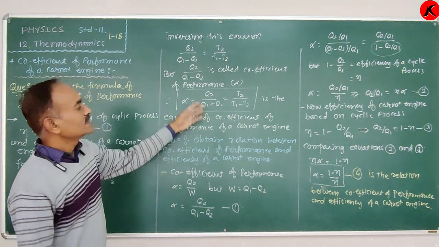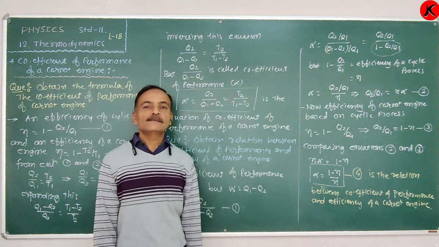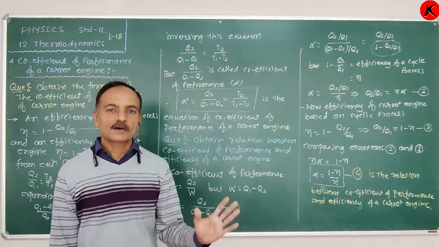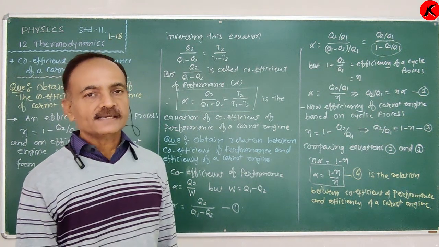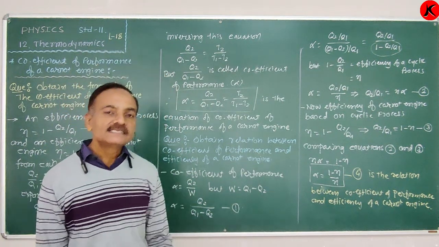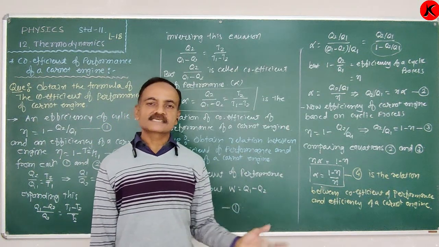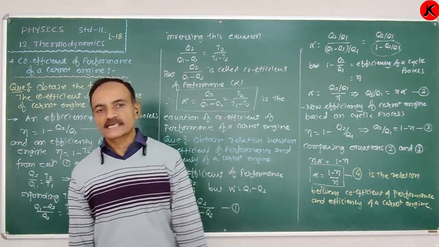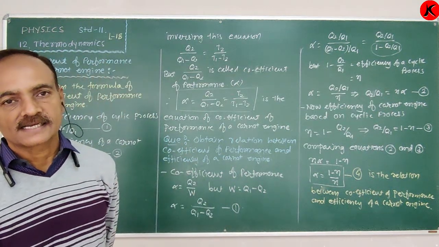Therefore, the coefficient of performance and efficiency depend on the temperatures of the heat source and the heat sink. The Carnot engine operates between the two temperatures T1 and T2. T1 is the temperature of the heat source and T2 is the temperature of the heat sink.